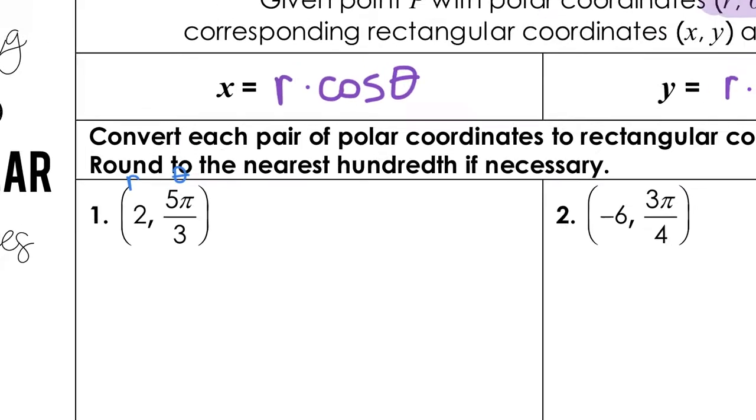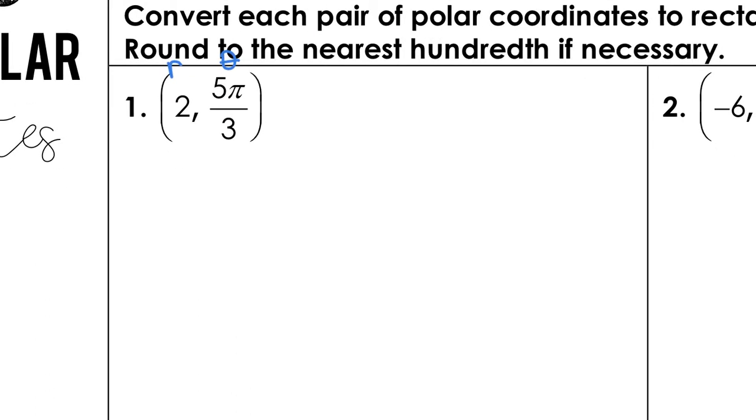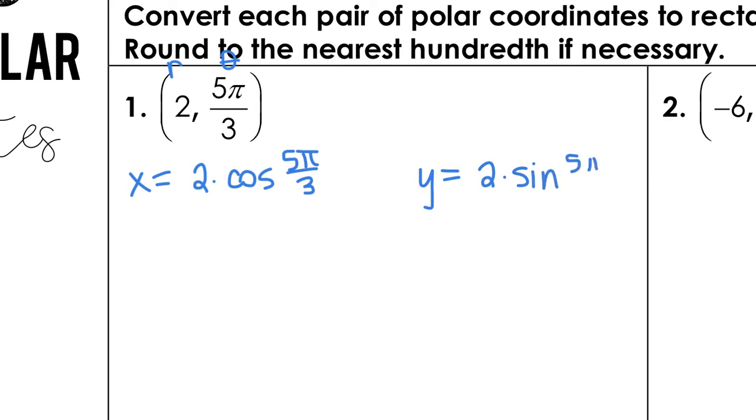So if I follow the equations from above, x is equal to 2 times the cosine of 5 pi over 3. y is almost the same, but this time we're going to use sine. So see that? Cosine of 5 pi over 3, sine of 5 pi over 3.